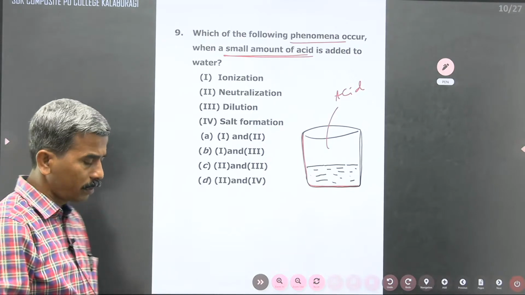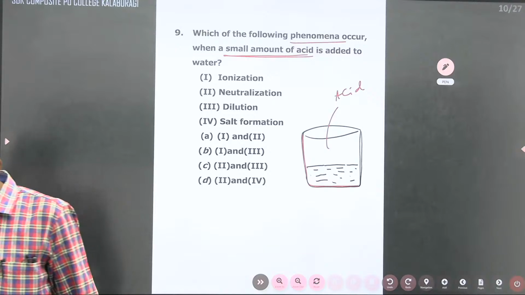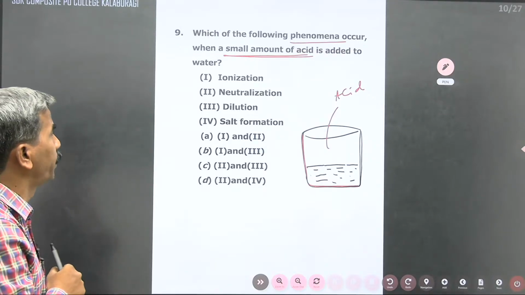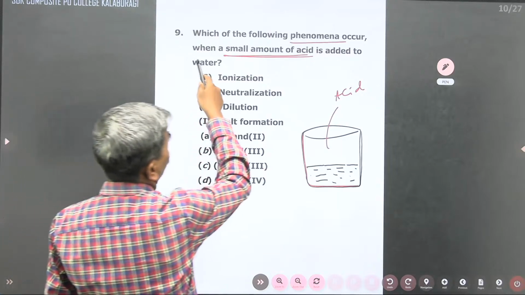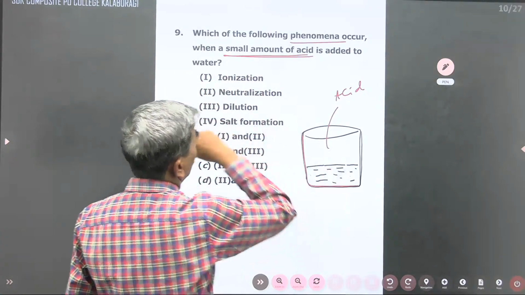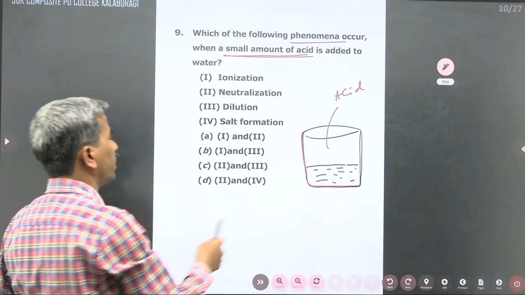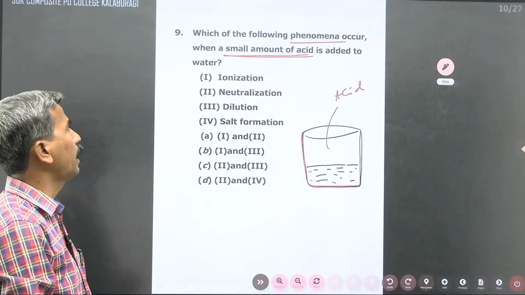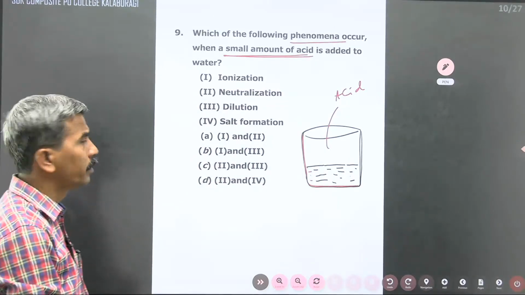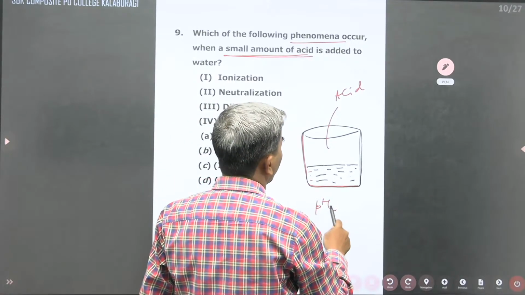Now remember, everybody should remember one thing: if the water is distilled and pure, then it has a pH which is exactly 7.